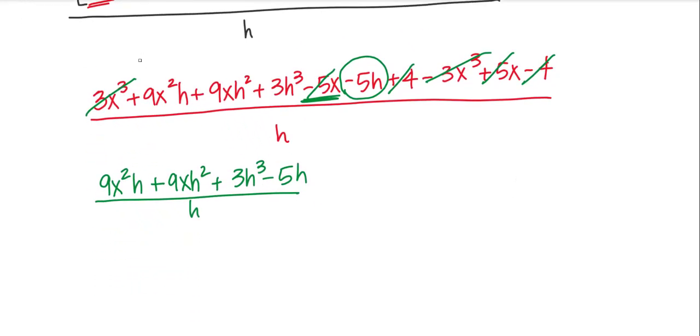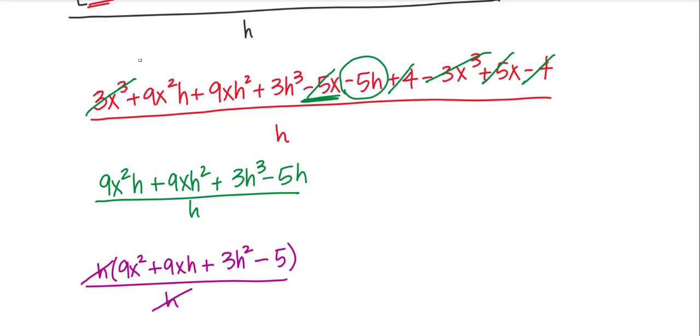What you should see now is that everything is divisible by h. In other words, you can factor an h out of the numerator of every term, and then h divided by h is 1. So this difference quotient turns out to be 9x squared plus 9xh plus 3h squared minus 5.